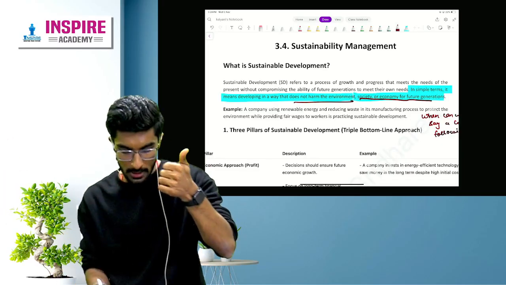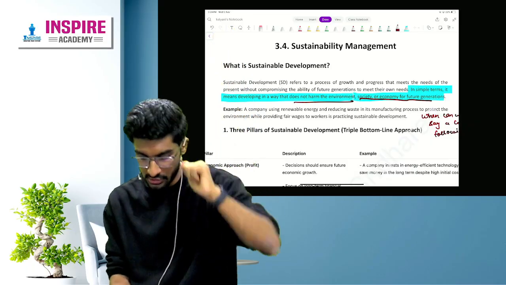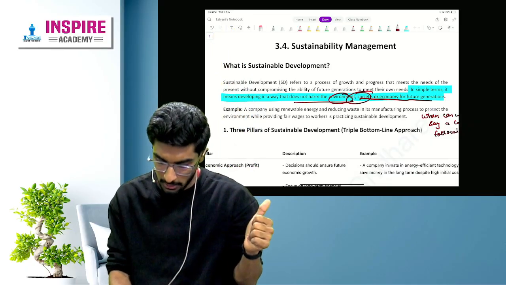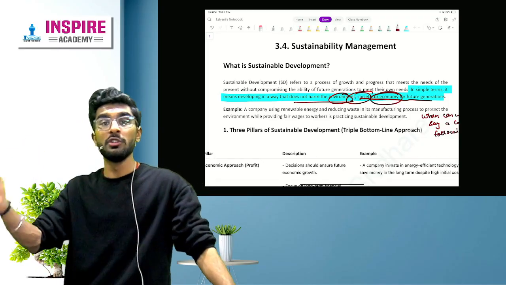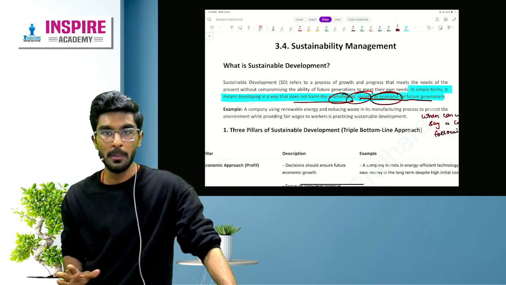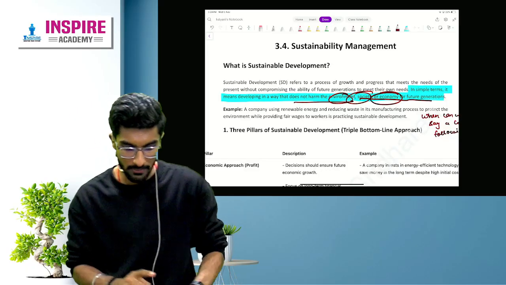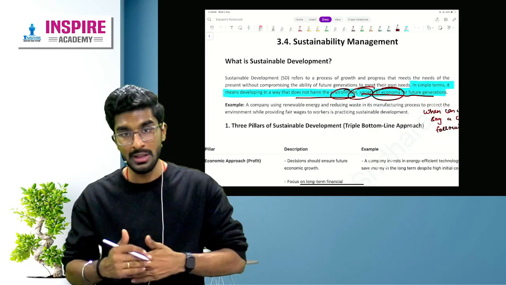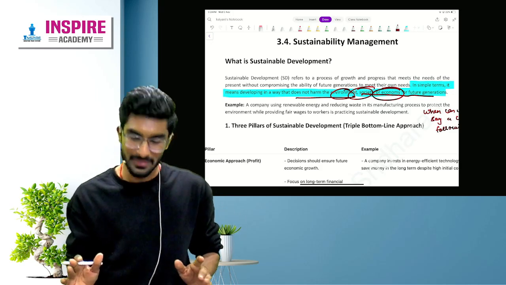You should make sure that you are not harming the environment, which is again beneficial for the future generation. You are not harming the society, you are not harming the economy. So every single thing, so that future generations can live peacefully. That is called sustainability development. You are growing in such a manner that you are not hurting anyone. Humble growth.